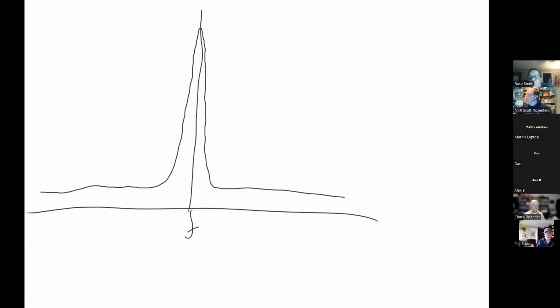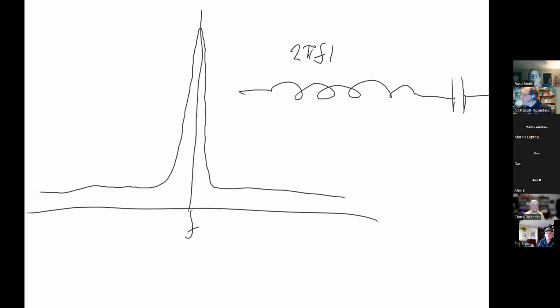This is a resonance that is defined by the values of those two things, because this is 2 pi FL, and this is negative 1 over 2 pi FC. So by picking my inductor and my capacitor at a particular frequency, I get a circuit that is peaked. It works really well at one particular frequency.